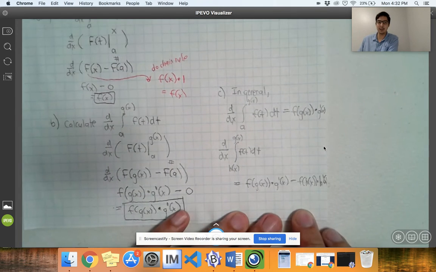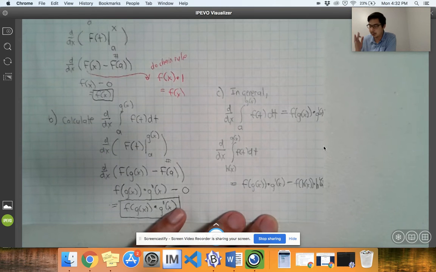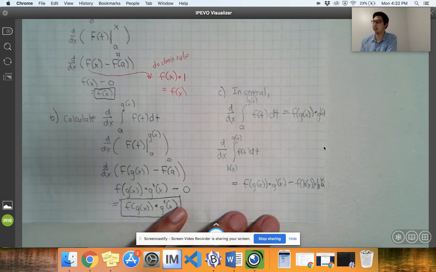So you just have to remember, if you plug it in, take the derivative of the inside because of the chain rule.